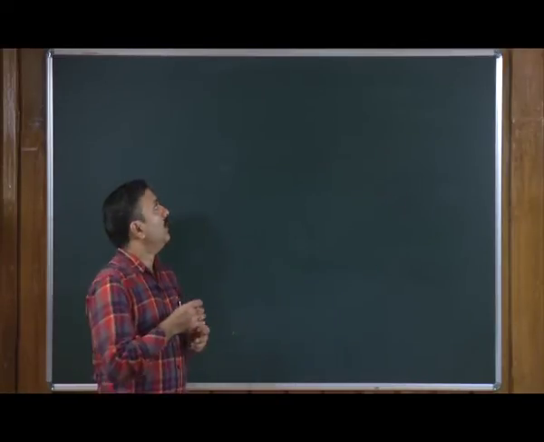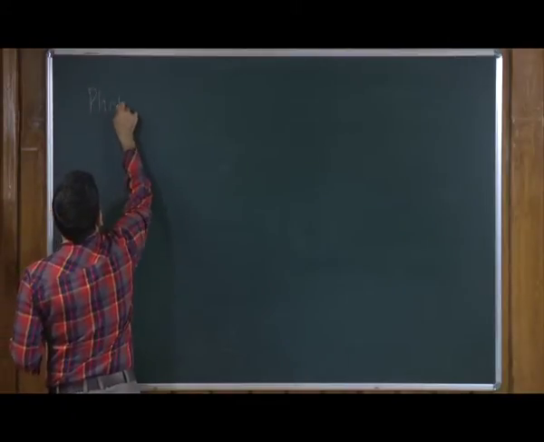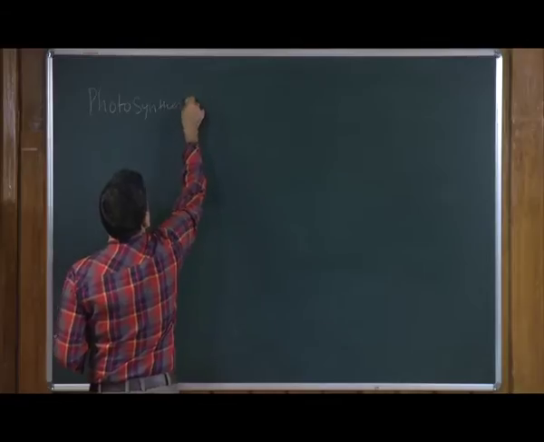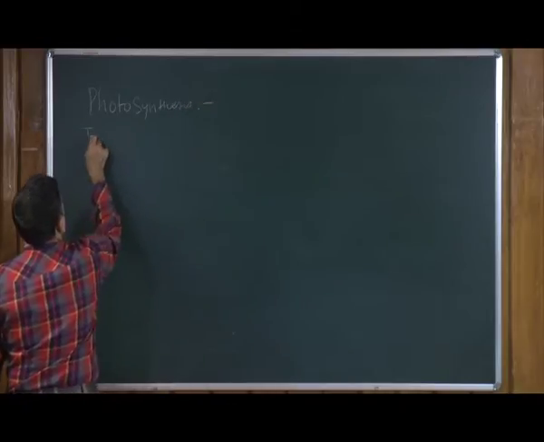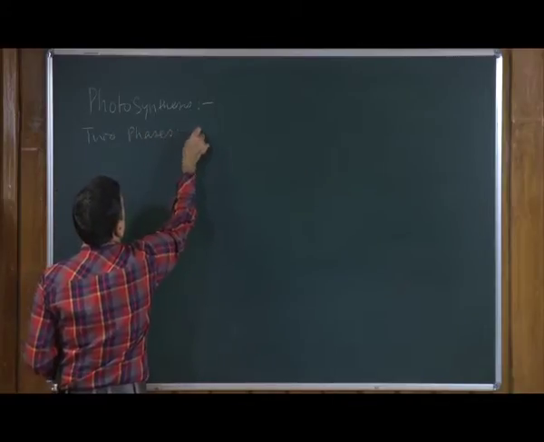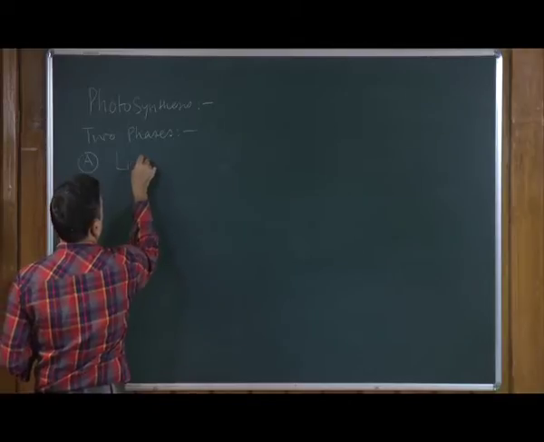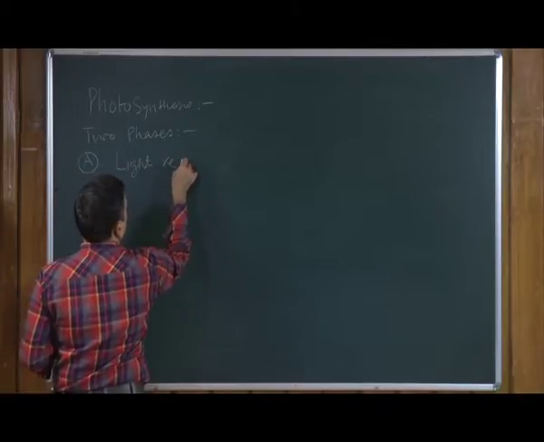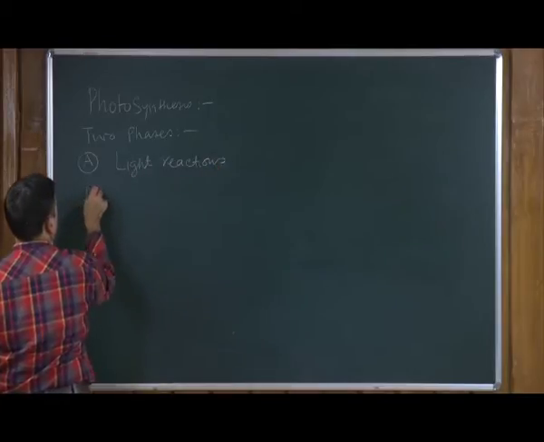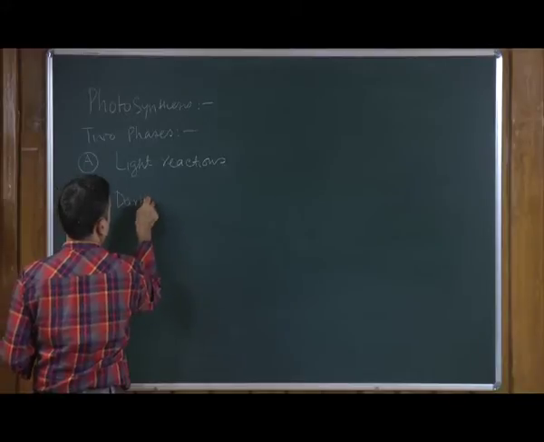So photosynthesis has two phases: A is called the light reactions and B is called the dark reaction or the chemical reaction.